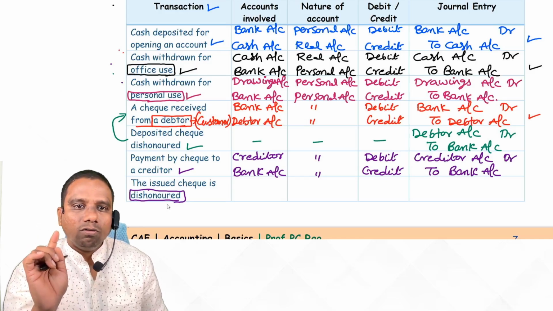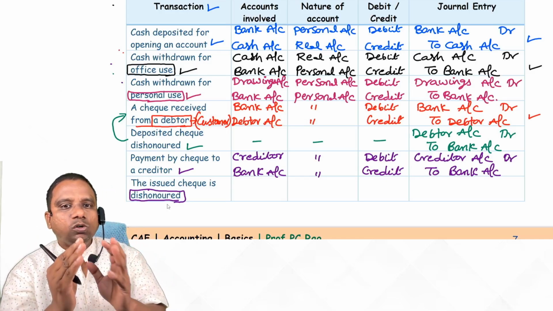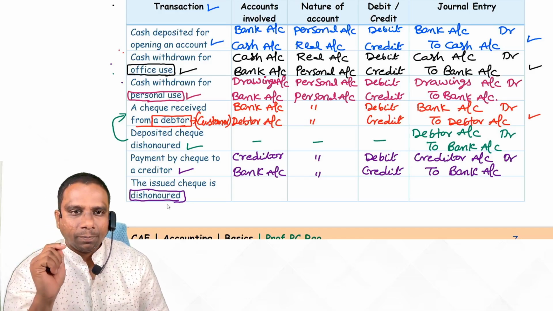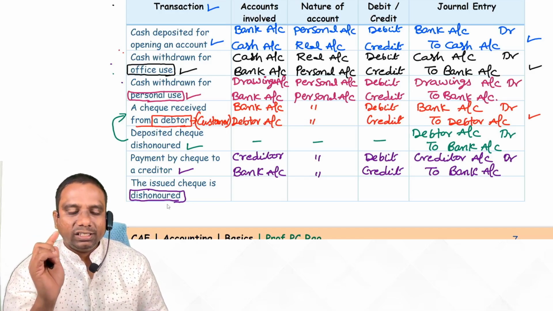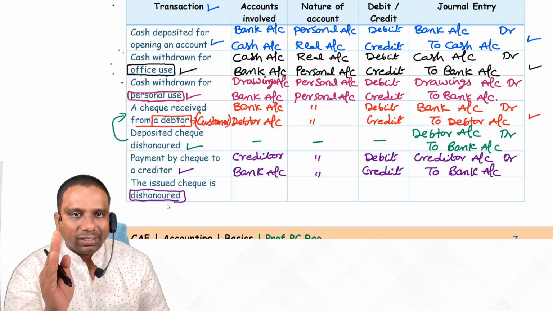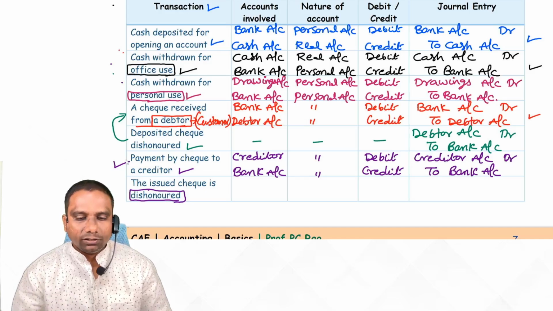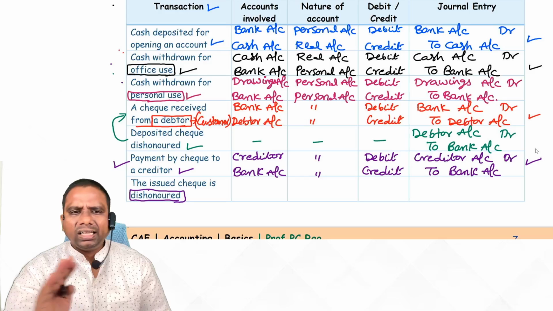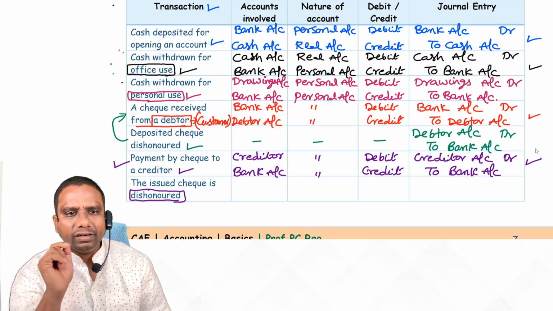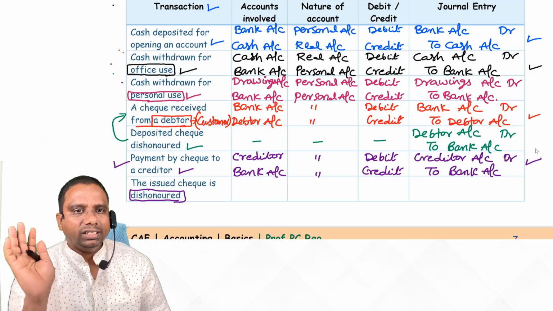Earlier, we had to pay an amount to the creditor. Let us say 10,000. For that amount we had already issued a check so that the liability gets cleared.